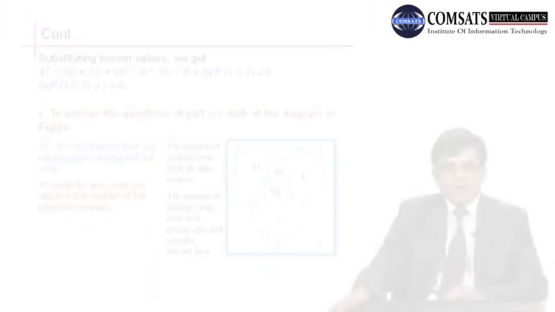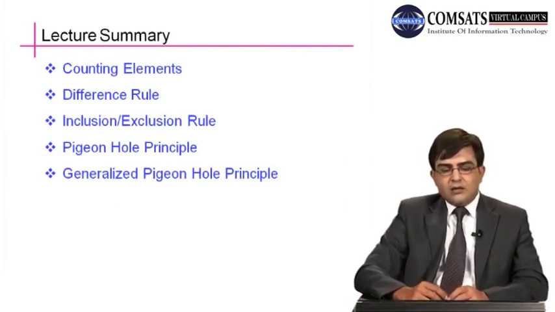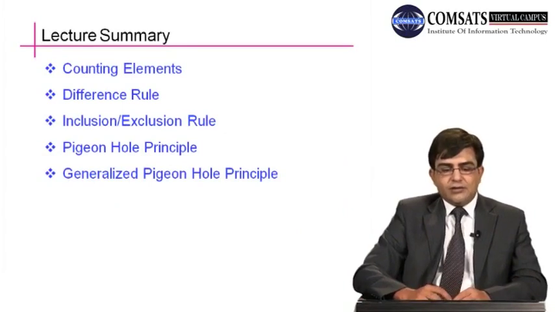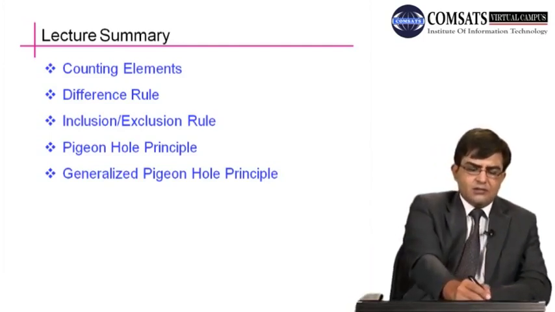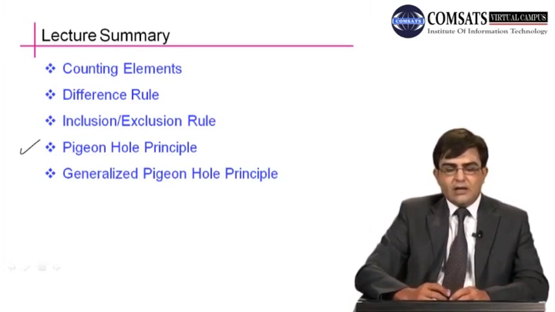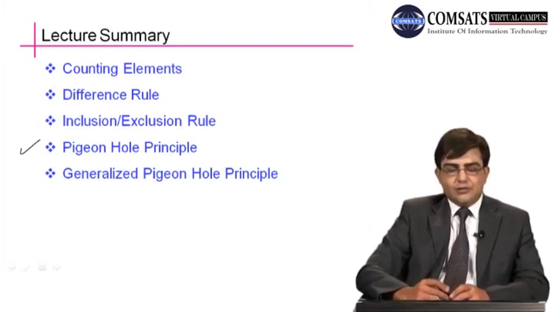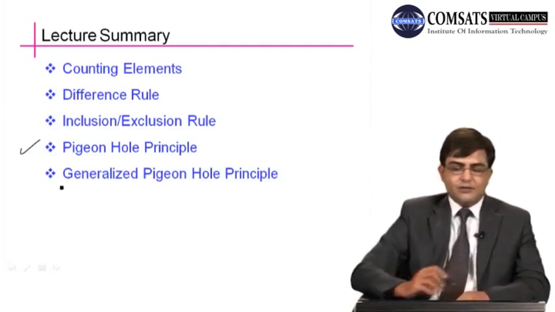In today's lecture we have studied counting elements and the difference rule, the inclusion-exclusion rule, and we have started the Pigeonhole Principle. We shall discuss some more examples of the Pigeonhole Principle, so that you can understand completely what this principle is, and then we shall discuss the generalized Pigeonhole Principle.